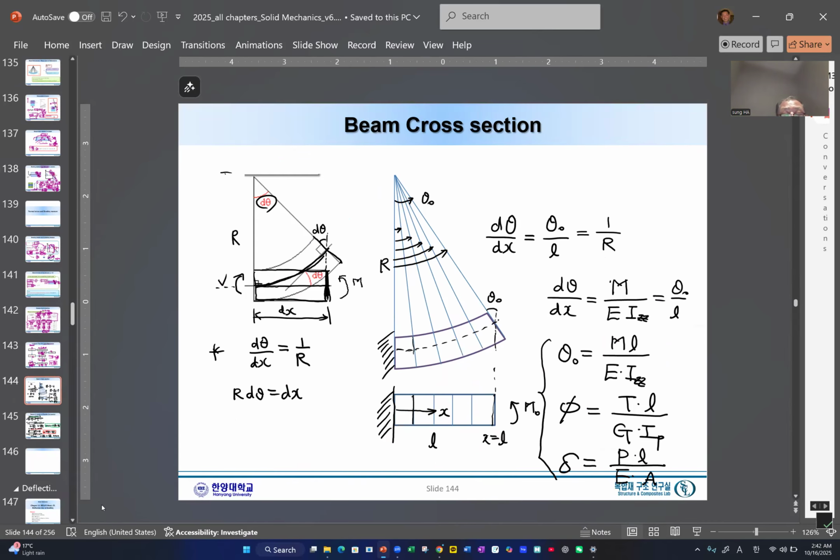This is the same one as we already mentioned. It is just the repeat of these equations for the beam, torsion, and also bar extension.